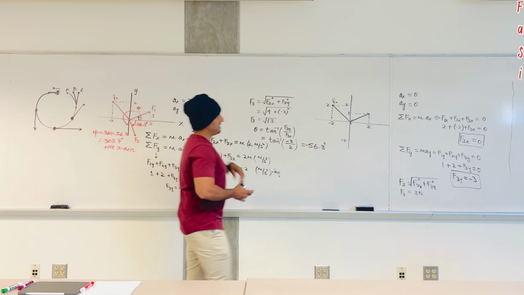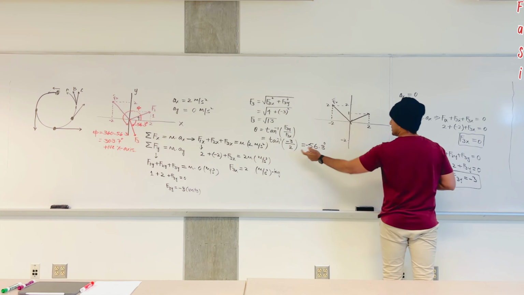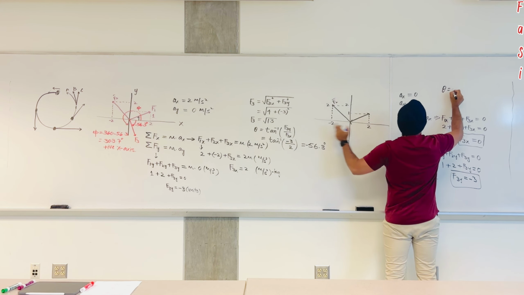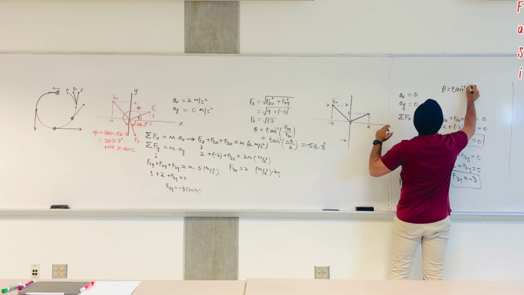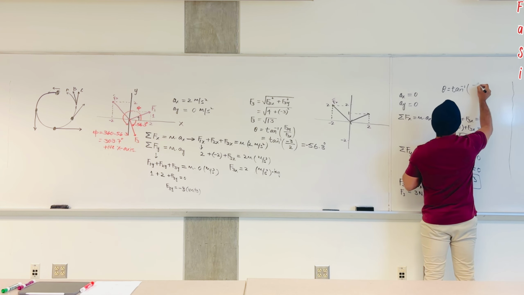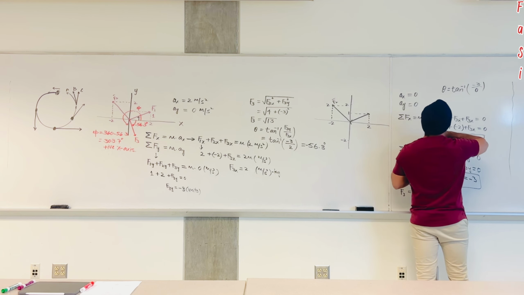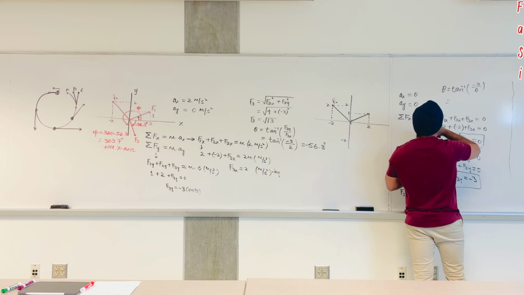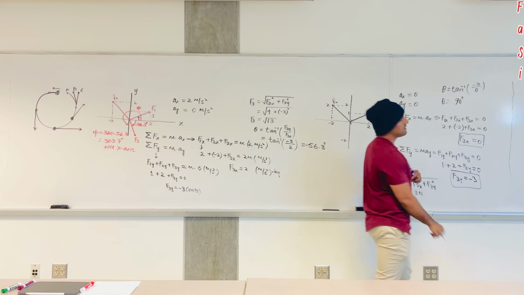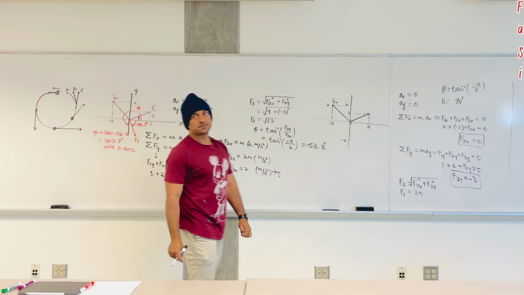Now we need to find the direction, and the rule for direction is this formula. This will be theta equals tangent inverse of the y component, which is minus 3, divided by the x component, which is 0, and this, if you calculate, is something, I believe, which gives you 90 degrees.